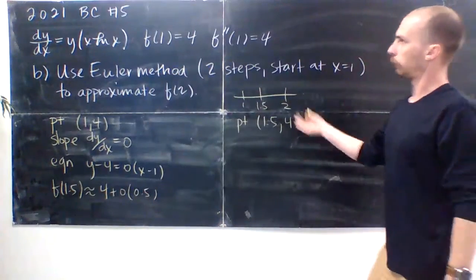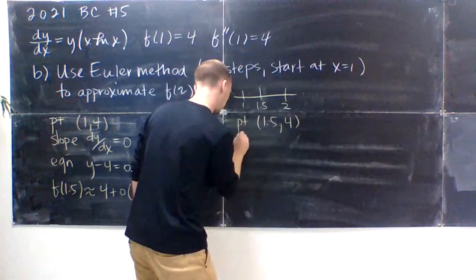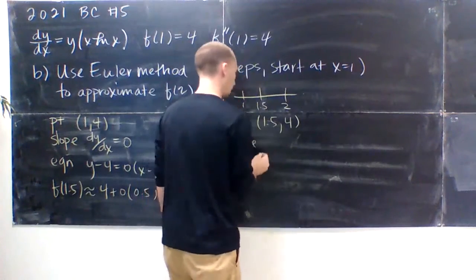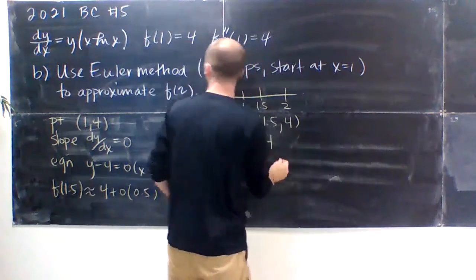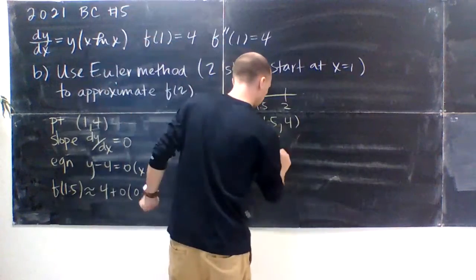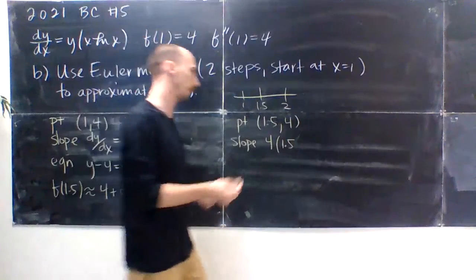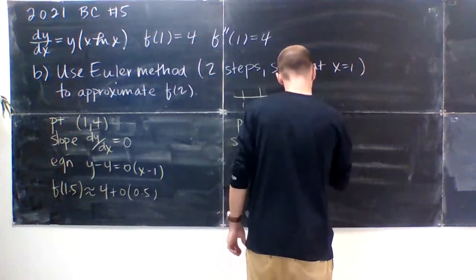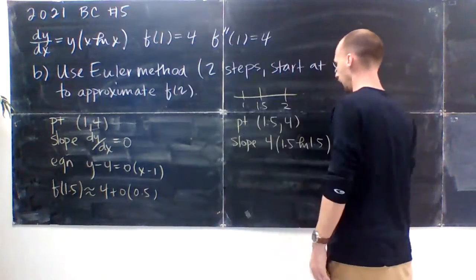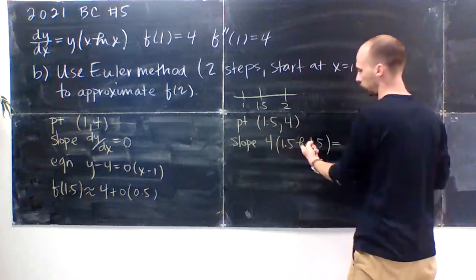My slope, I'm going to have to run that through there. And so that'll be 4 times 1.5 times the natural log of 1.5, which I don't know what that is. I don't really need to know. Okay, and I might call that 6 log of 1.5.